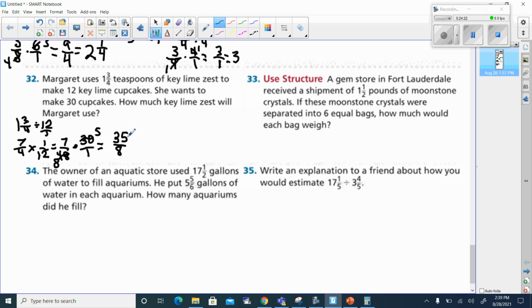Remember, every fraction is a division problem. 35 divided by 8. So let's just work that out over here. 35 divided by 8. 32. And this would be a 4 up here. And I'll have 3 left over.